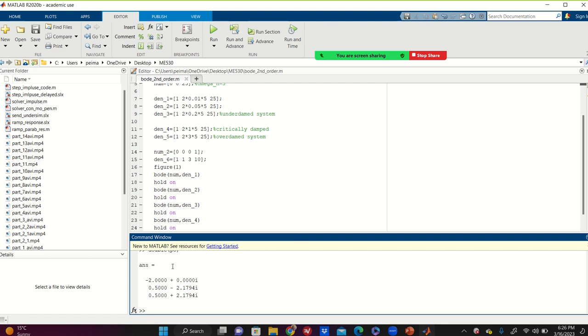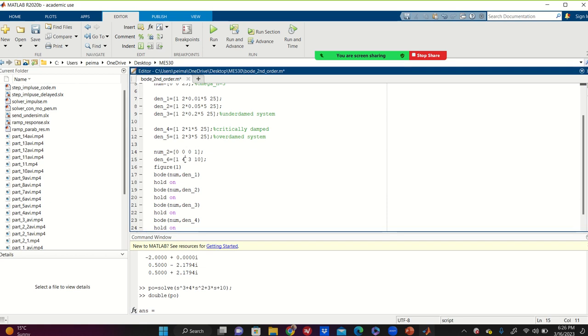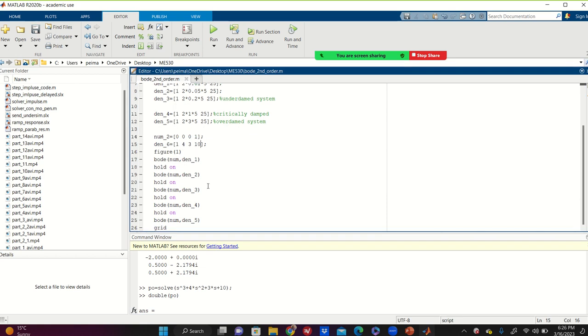No, this is not good. Let me set it on. Yeah, good. So what are the coefficients? 1, 4, 3, 10. 1, 4, 3, 10.